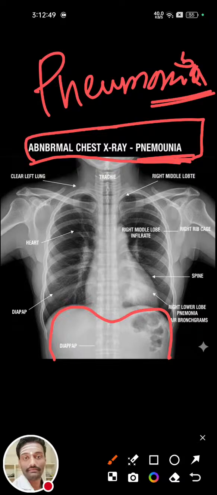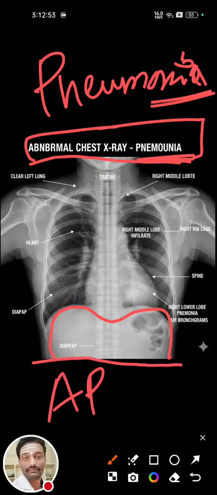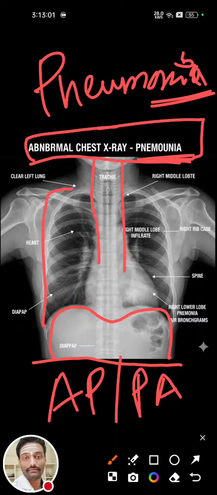Whenever you get a chest x-ray film, you should check whether it is an anterior-posterior or posterior-anterior projection, the tracheal alignment, whether all the ribs are intact, the diaphragm position, and any cardiomegaly.